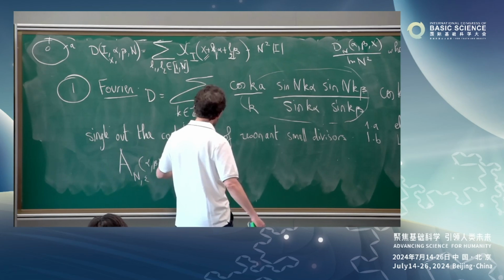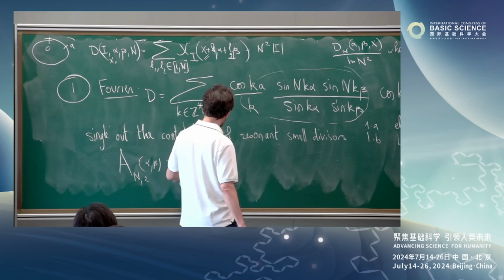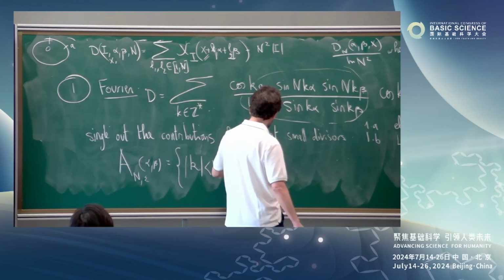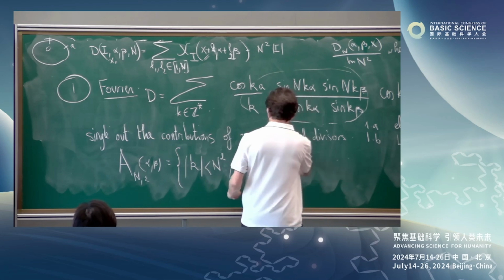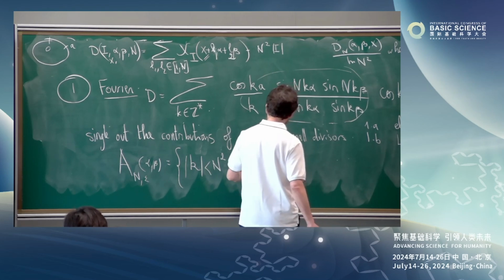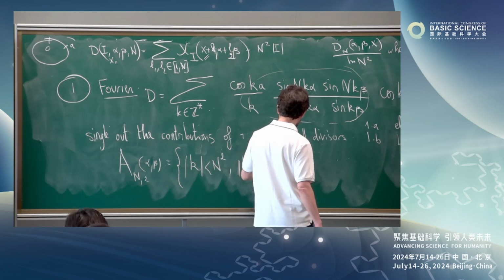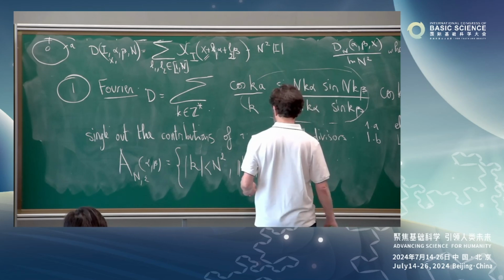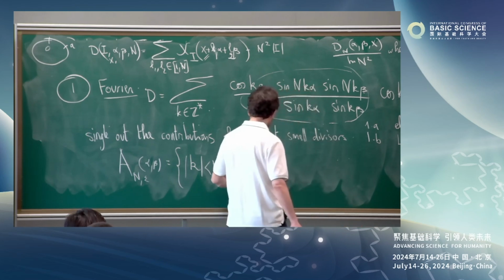It's the set of k, with k less than n squared, such that the closest distance to the integers of k alpha is less than 1 over epsilon n, larger, sorry, and k beta the same.